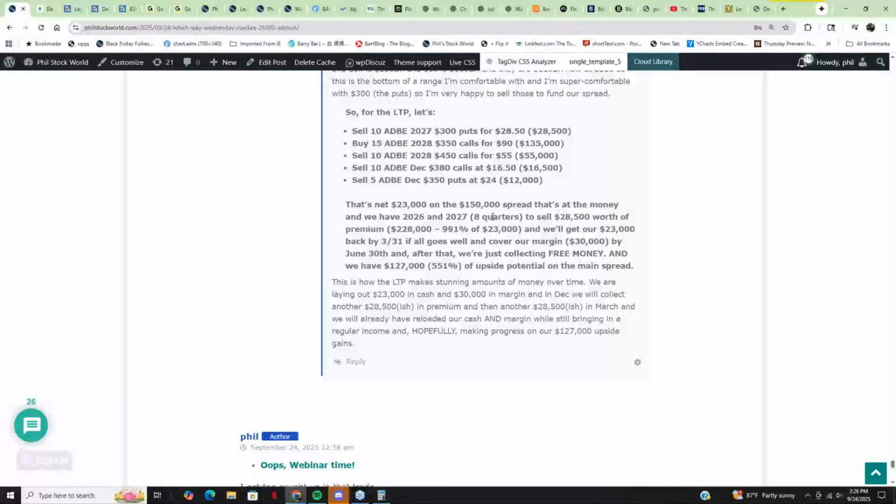So if we sell the next 28,000, and by the way, we sold it now, these expire in December. So in December, we sell 28,000 more. That's 28,000 cash coming back out of the 23,000 we laid out. So we've gotten all of our cash back, and the margin is 30,000.